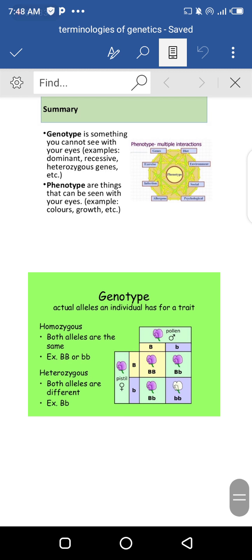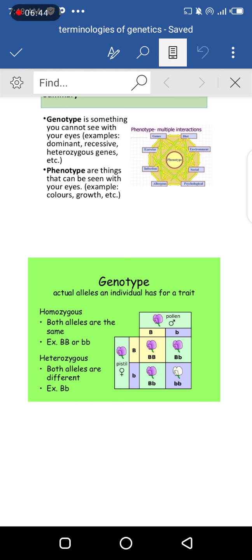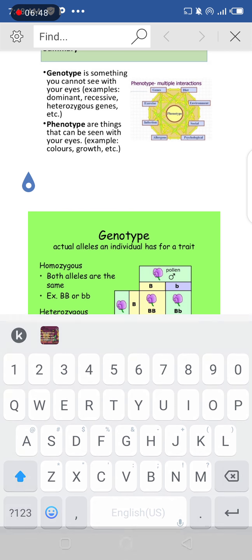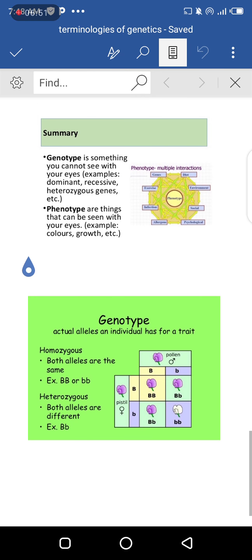Genotype is something you cannot see with your eyes. Examples are dominant, recessive, heterozygous genes. And phenotypes are things that can be seen with your eyes. Examples are colors and growth.